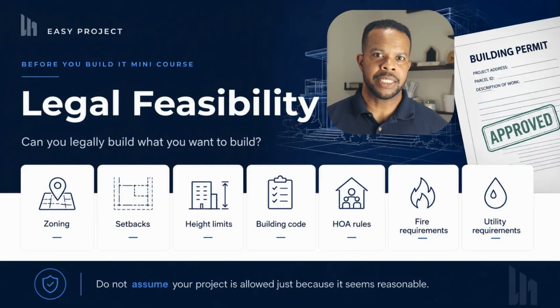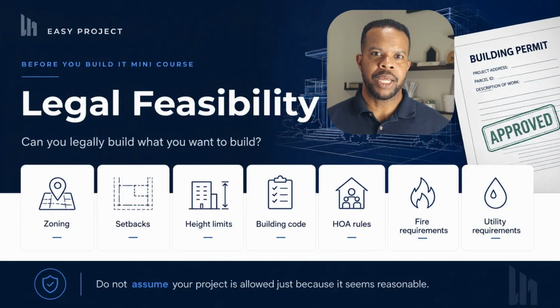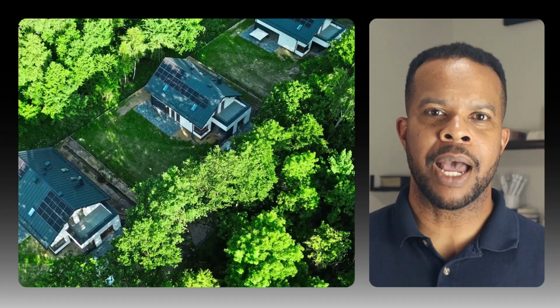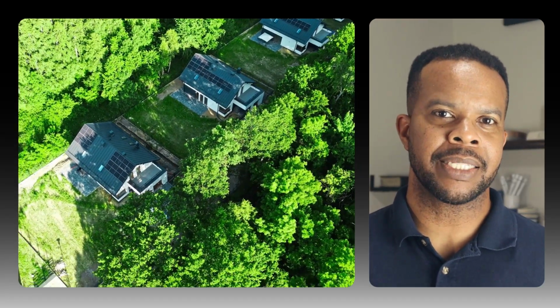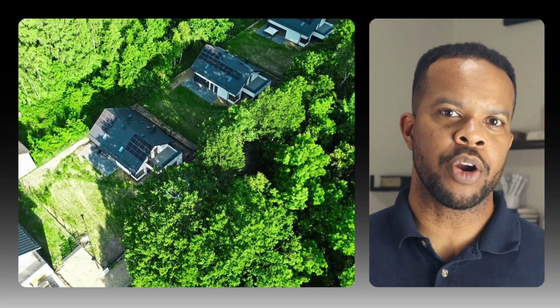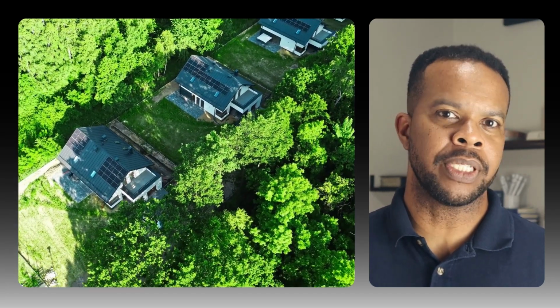First category is legal feasibility. This means, can you legally build what you want to build? Depending on the project, this may involve your city, county, HOA, zoning rules, building code requirements, fire requirements, utility requirements, or other regulations. For example, if you are building an ADU, you may need to understand things like setbacks, height limits, parking, utility connections, fire access, and local design requirements.